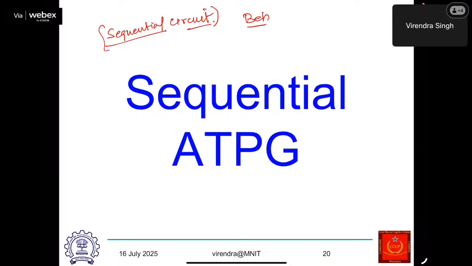Therefore, in order to define the output, you have to define it for all possible combinations of the input, and so we can use a truth table to define that. If you have n inputs, the truth table will have 2 raised to the power n rows, defining how it will behave.